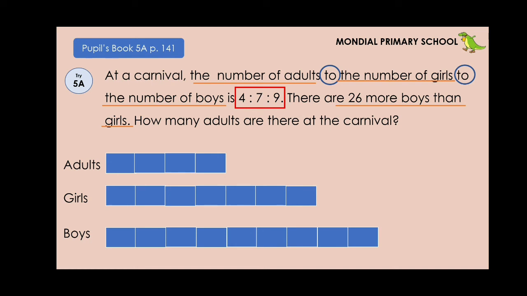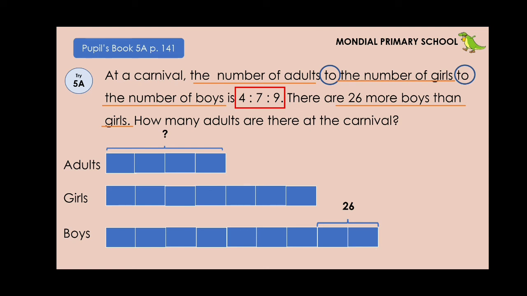We know that there are 26 more boys than girls. So write down 26 here. The question is, how many adults are there at the carnival? So where should we draw the question mark? Yes, over here. So we have to find the value of 4 units.